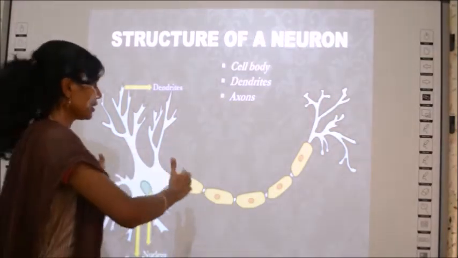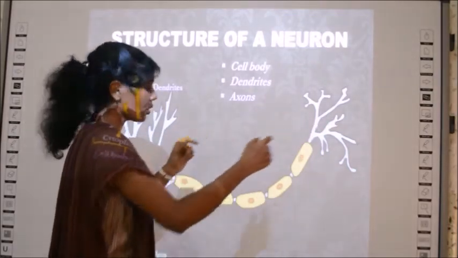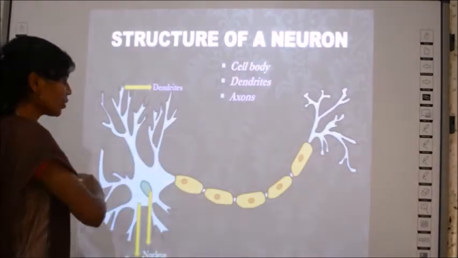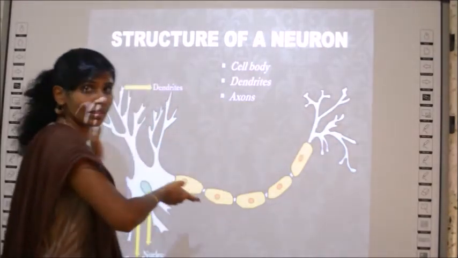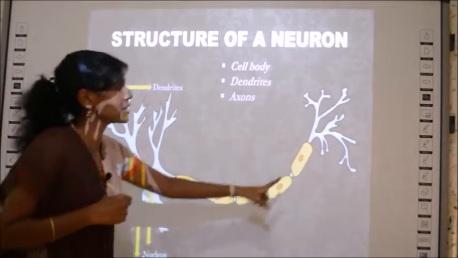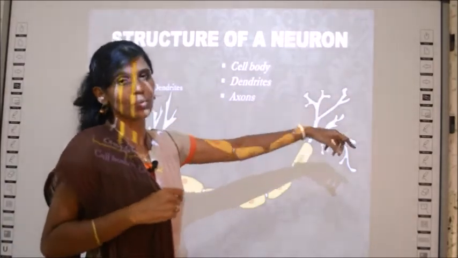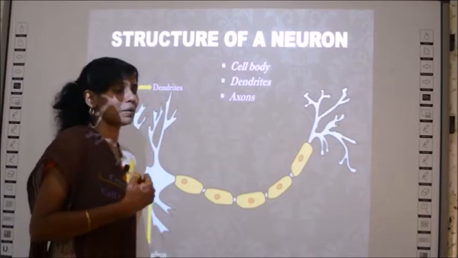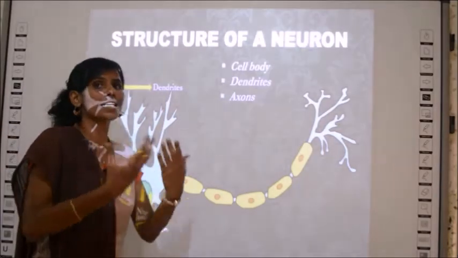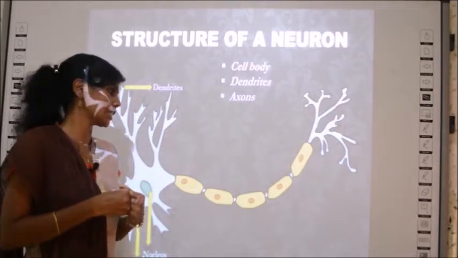Clear? Because what will come next? The next neuron will have its cell body here, right? And the previous neuron will have this structure here. So it will receive from the previous neuron and transmit to the next neuron. What will it transmit? Nerve impulses. So, the function of dendrites is to receive and transmit nerve impulses.